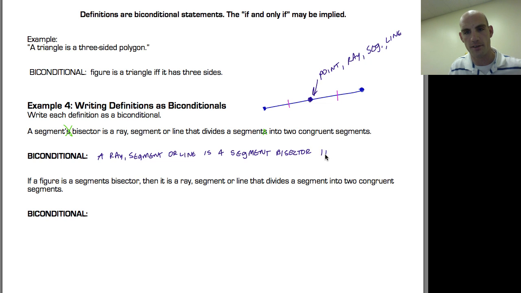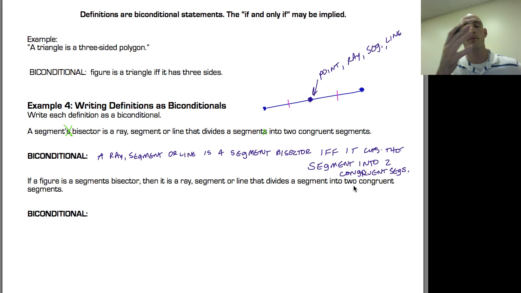And then comes the if and only if, and I'm going to write it with its abbreviation, if and only if it cuts the segment into two congruent segments. And I will abbreviate segments as segs. So that's how you do that. You have to include both pieces, both conditions, meaning the first part, and the second part, which divides it.